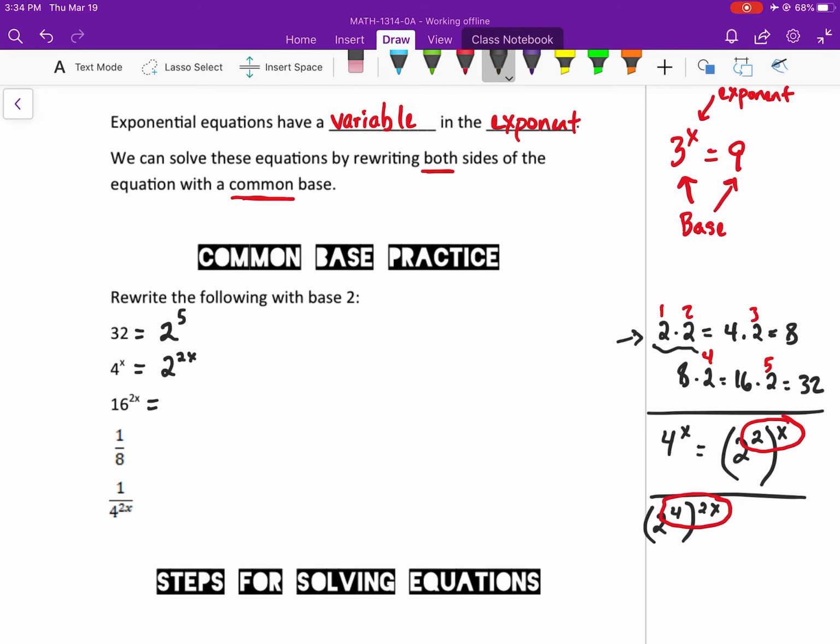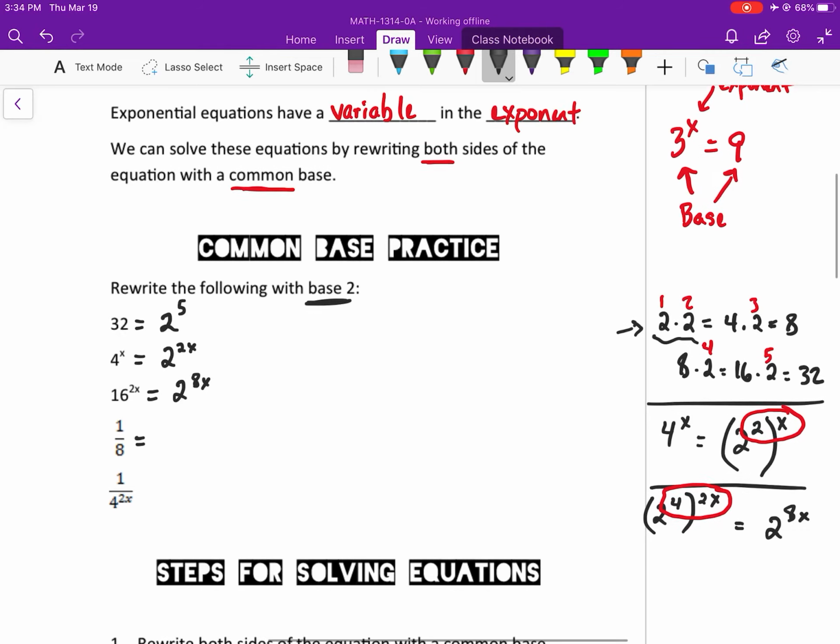This time we're going to have to do 4 times 2x to get an answer of 2 to the 8x power. So that will be my answer, 2 to the 8x power. Remember, we're writing all these to base 2. Okay, we're changing all these to base 2, so all of them should have a base of 2.